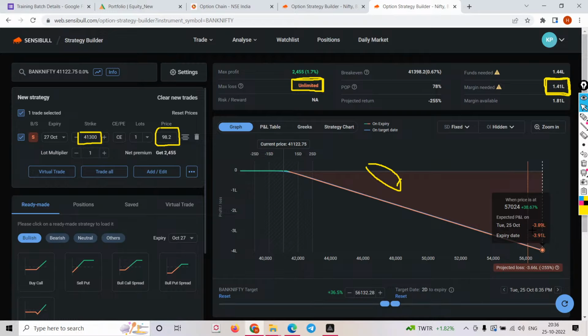Tomorrow, let's say the market went up by almost that 36%. So you should get a profit of 3,66,000 ideally, technically. But do you think the option seller will give you the 3,66,000? Because the loss is only 1,41,000. So who is going to bear that remaining 1,50,000, 1,60,000?